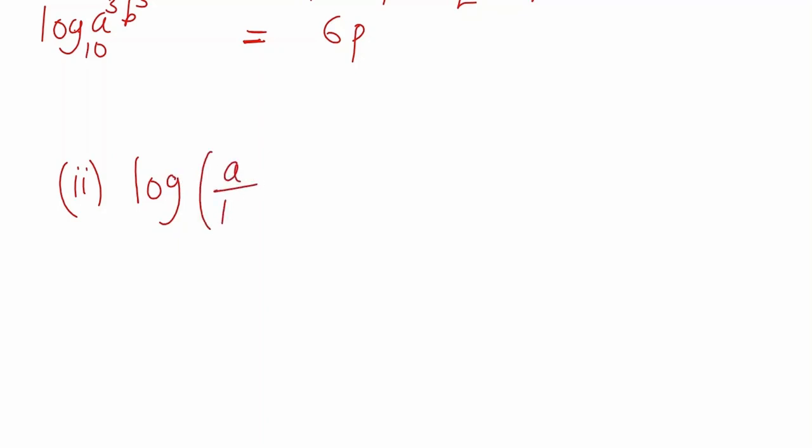So let's write. We have logarithm of a over 100b base 10, which is equal to, now this has been written as a single logarithm, so we can break it down by applying the laws of logarithms.